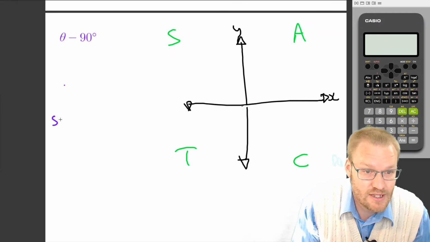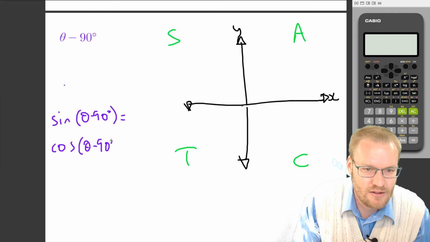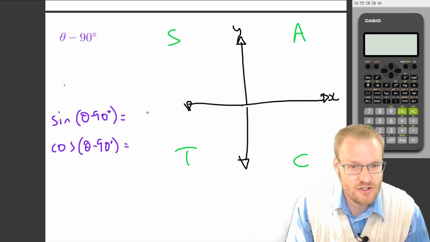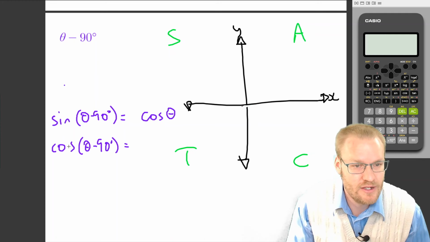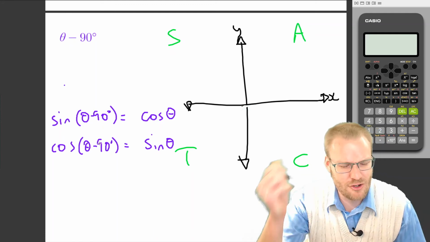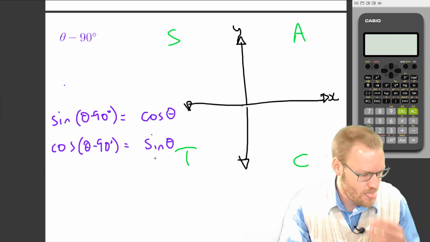So sine of theta minus 90 is going to equal something, and cos of theta minus 90 equals something. Now sine is going to change to cos, and cos is going to change to sine. Reason being the 90. Well, not the reason, but that's how we're going to remember it. We see a 90, sine changes to cos, cos changes to sine.